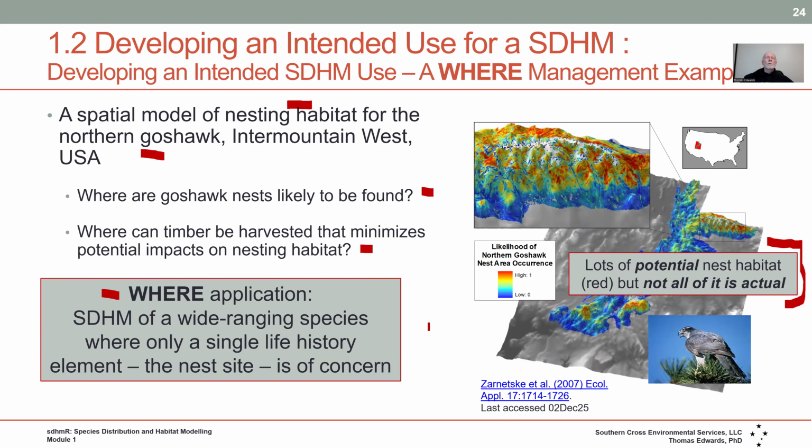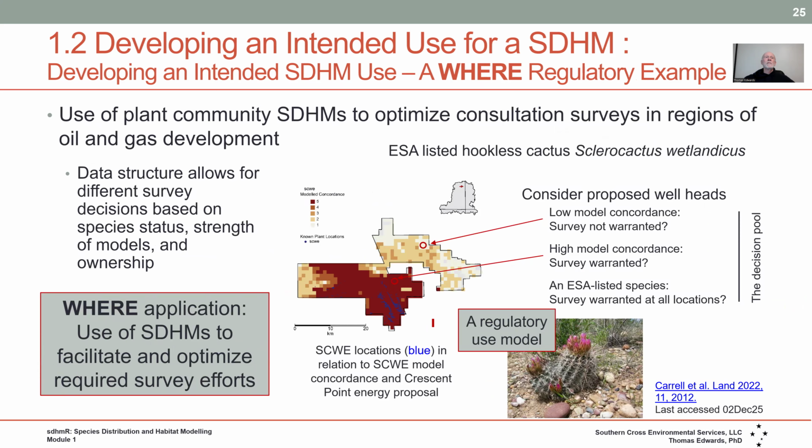But think about what a Forest Service biologist might need to do. Say a timber harvest is proposed right here. They can then take this map and go out and increase their efficiency in searching for a goshawk nest. So a great example of how a where application as an intended use can help in management and conservation. Here's another one.